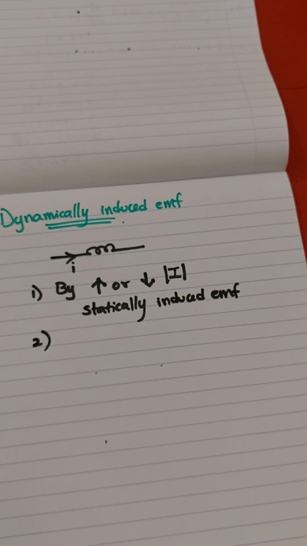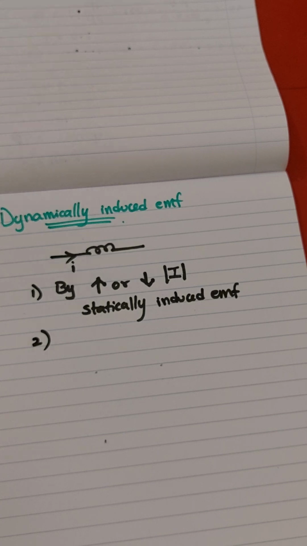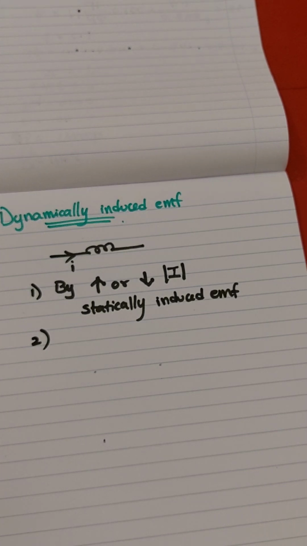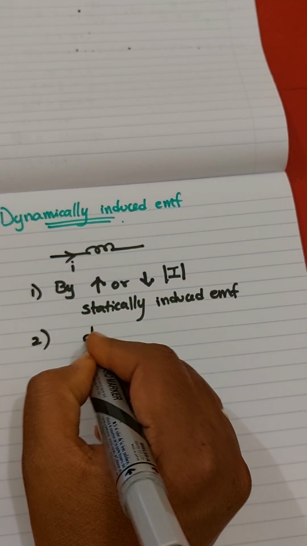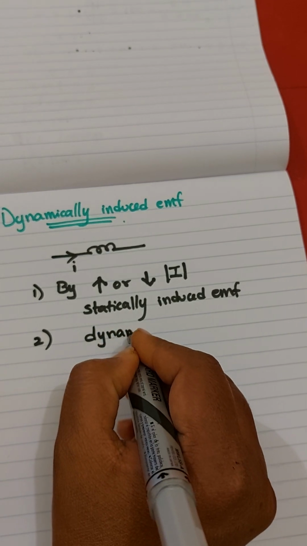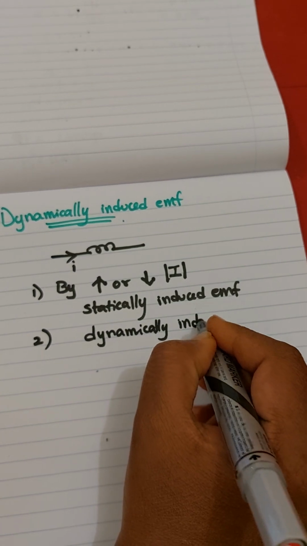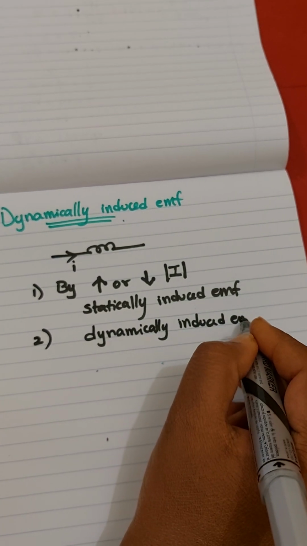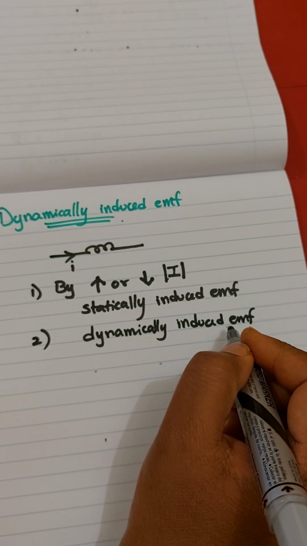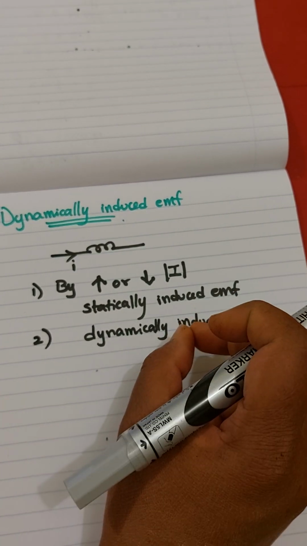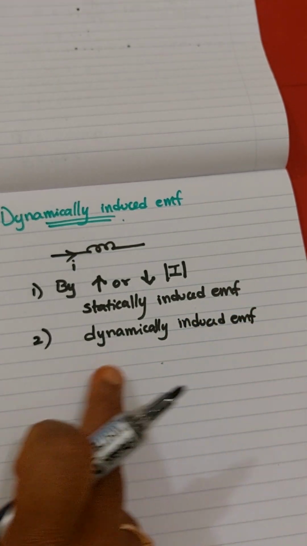moving a conductor in a uniform magnetic field, and the EMF produced in this way is known as dynamically induced EMF. So what is the meaning of dynamically induced? It means we are moving the conductor in a uniform magnetic field.